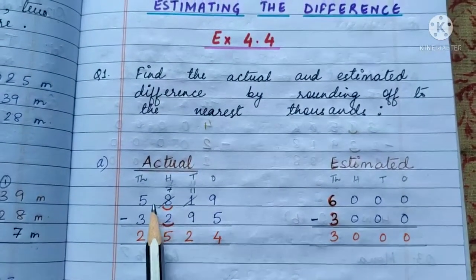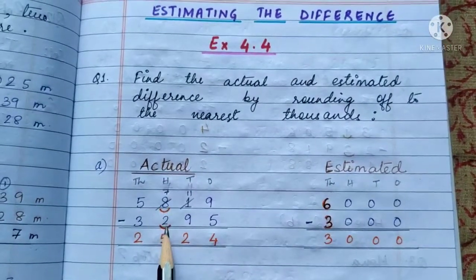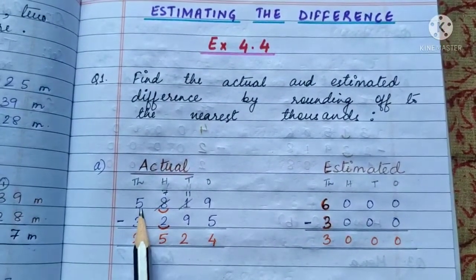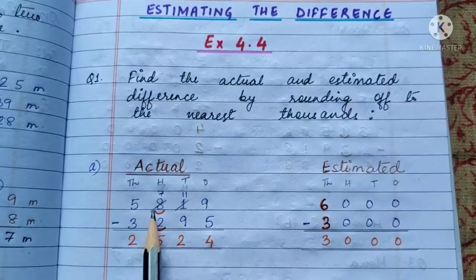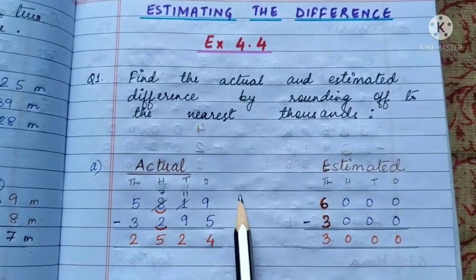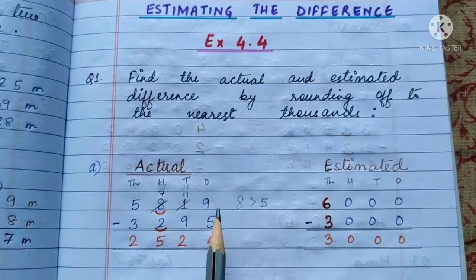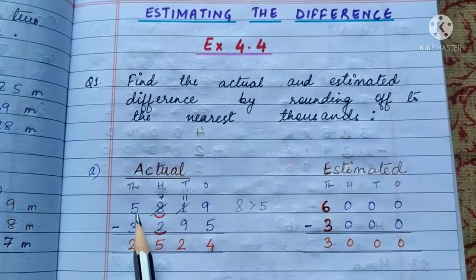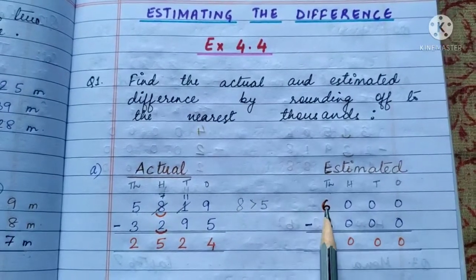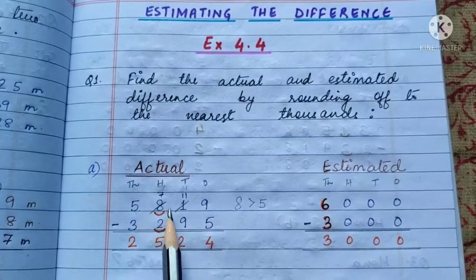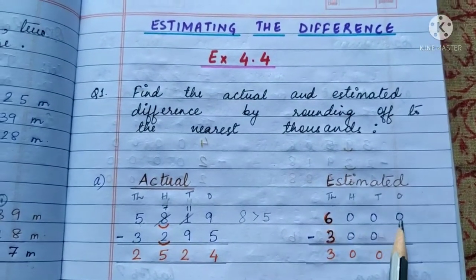The number is 5,819. 8 we know is greater than 5. So the digit at thousands place will be increased by 1. So 5,819 is rounded off to the nearest thousands as 6,000.